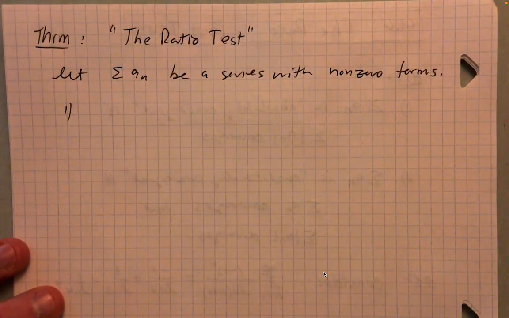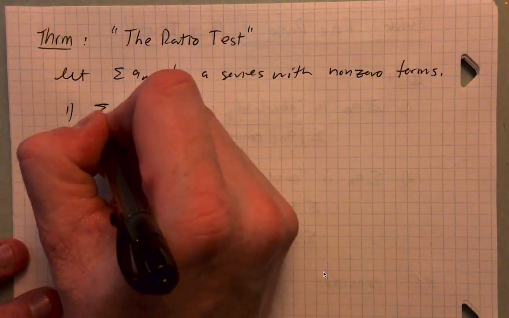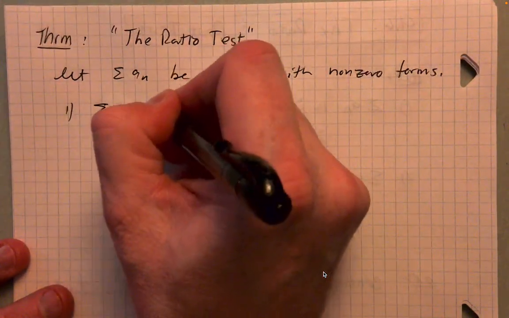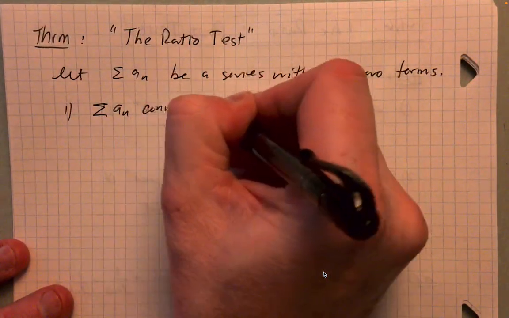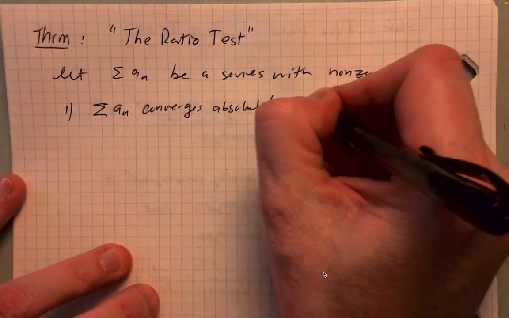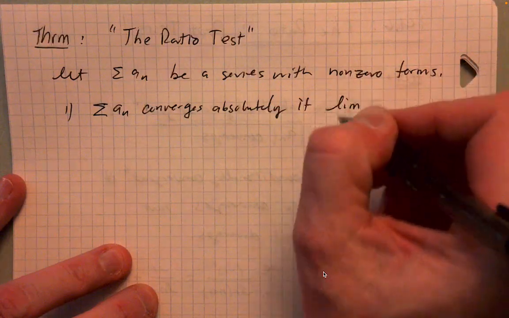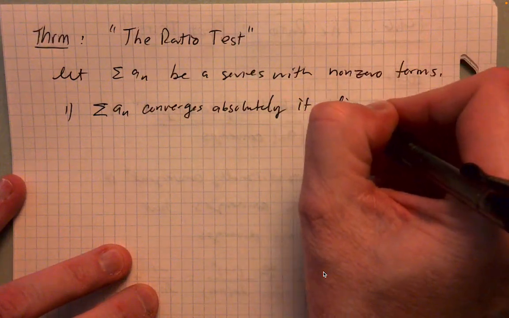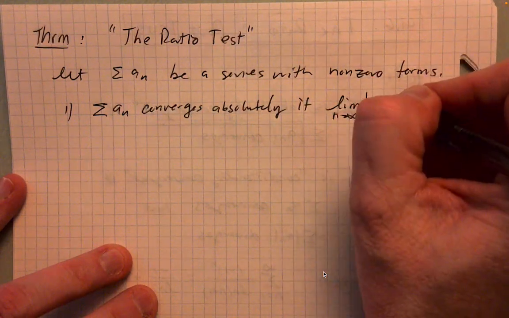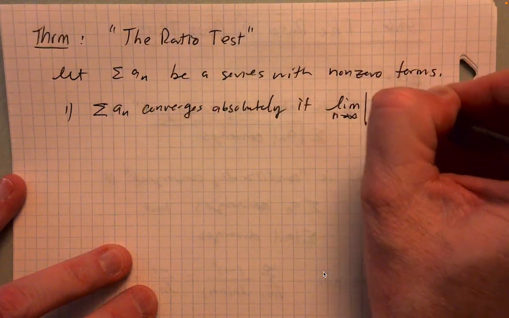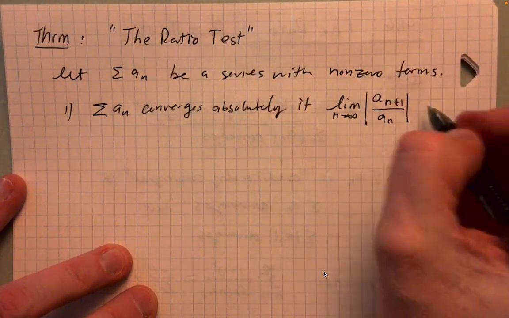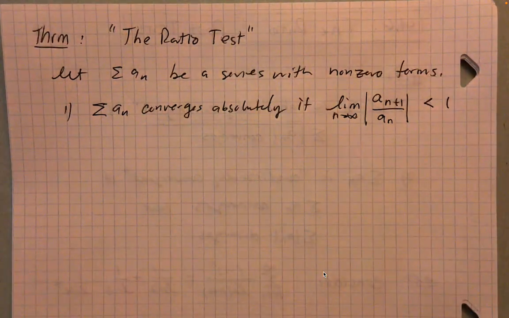The first one is the most interesting one, and that says that the sum of a of n converges absolutely if the limit, as n goes to infinity, of the ratio, this is why it's called the ratio test, of a of n plus 1 over a of n, if that limit is less than 1.